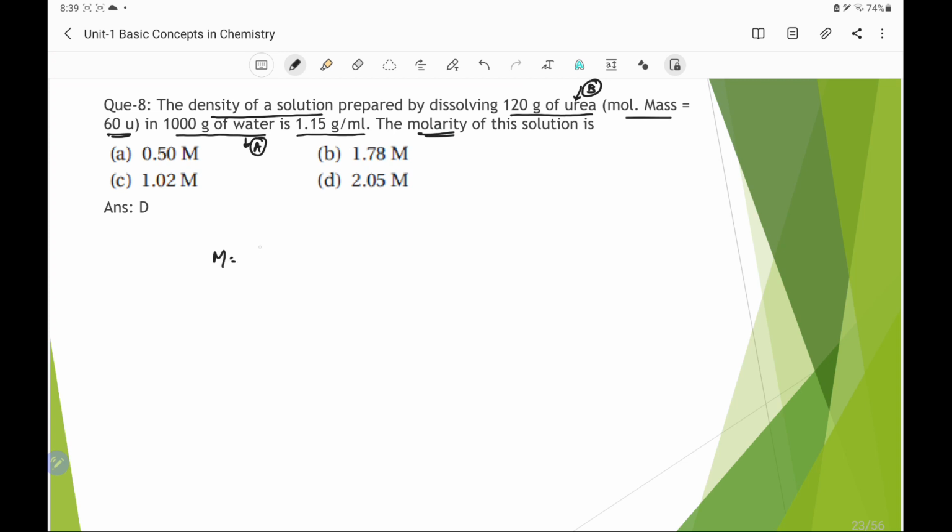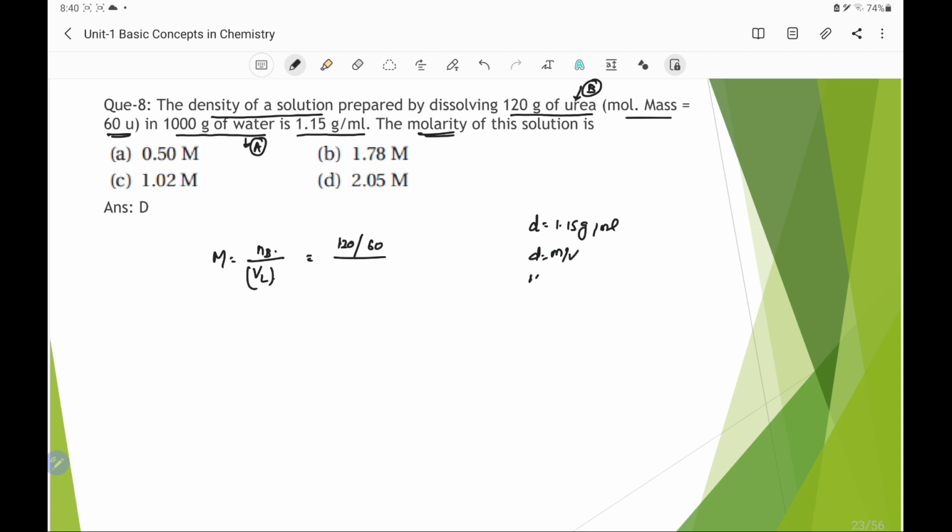We know molarity is the number of moles of the solute divided by the volume of the solution in liter. Here the number of moles of the solute will be, because mass of the solute is 120 gram, and if we divide this by the molar mass, we get the number of moles of solute. Density of the solution is given as 1.15 gram per milliliter, and density equals mass per volume.